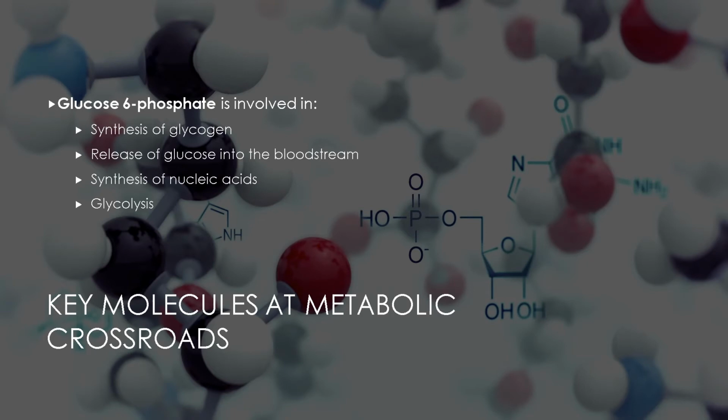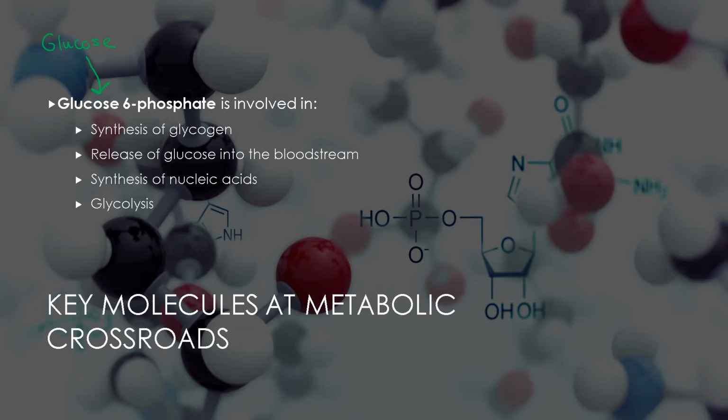So first off, we'll look at glucose 6-phosphate. Quite shortly after a glucose molecule enters a cell, there's going to be an enzyme that will actually quite quickly convert it to glucose 6-phosphate. Now there are 4 possible fates that await glucose 6-phosphate.